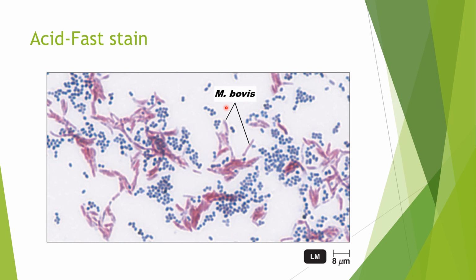Or as I said, Mycobacterium tuberculosis is another example that has those waxy layers. The ones that appear blue, those are the ones that we refer to as non-acid fast. So do you see how this is a differential stain? It's differential because I'm able to differentiate between the bacteria that have the waxy layer versus the ones that don't have the waxy layer. That's why it's called a differential stain.